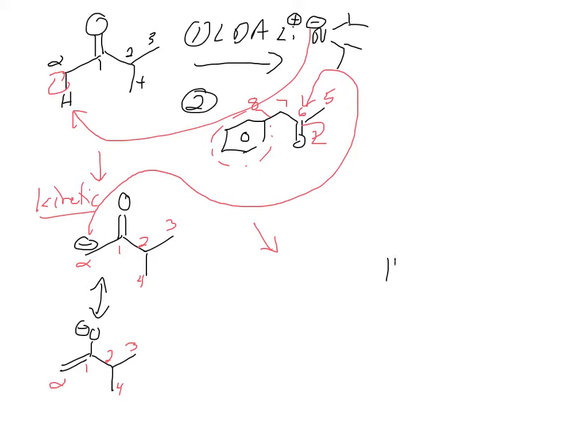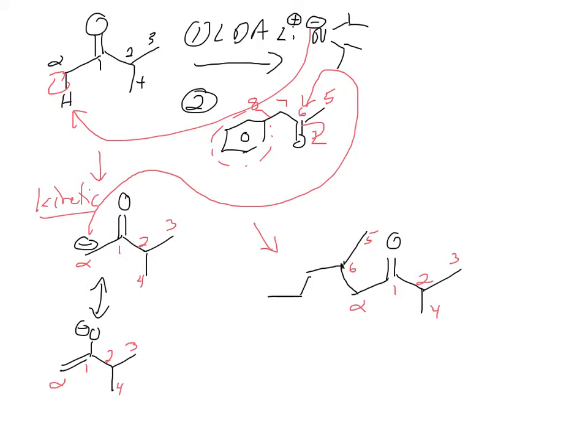So let's see. I always like to draw what didn't change. So none of this changed over here at all. The alpha carbon, I'll label over there. The alpha carbon here is now bonded to carbon what? 6. So there's carbon 6, which is also bonded to 5, and it's also bonded to 7.